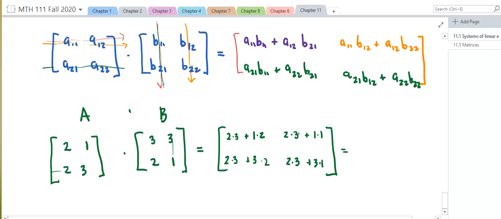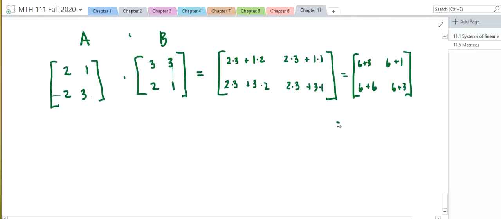So you need to always check this over. Hopefully I didn't make a mistake. So this is 6 plus 3, and 6 plus 1. And then down here we've got 6 plus 6, and 6 plus 3 again. So our final result is the matrix 9, 6, 12, 9.